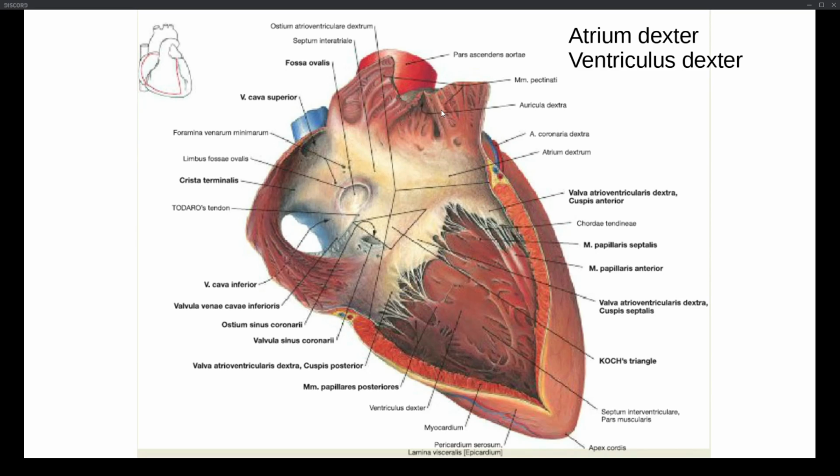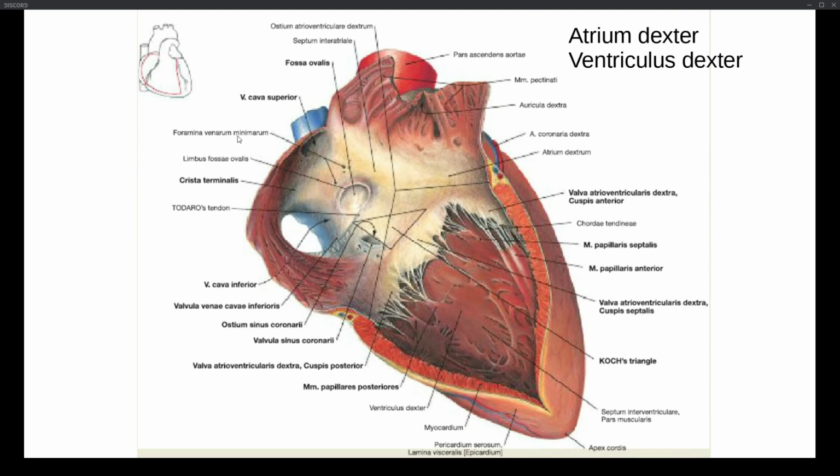They got their name because they kind of reminded the people who saw them or described them first of a comb. I don't see that, but okay, I guess. Beside that, I think regarding the atrium, that's it.